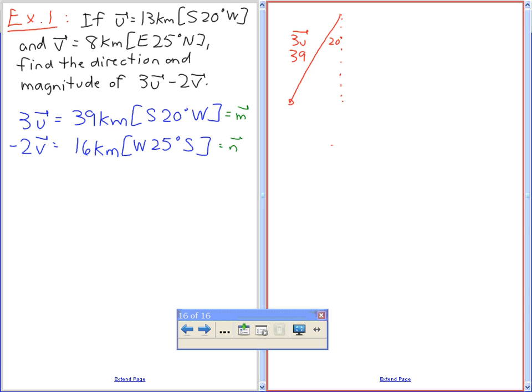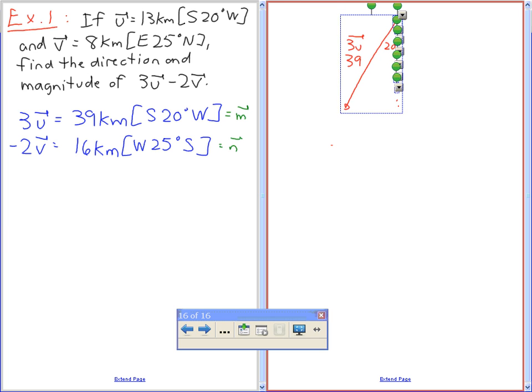Okay, there's 3U. Negative 2V is going to be west, 25 degrees south. So I move all this over here, and I have to go west 25 degrees south.